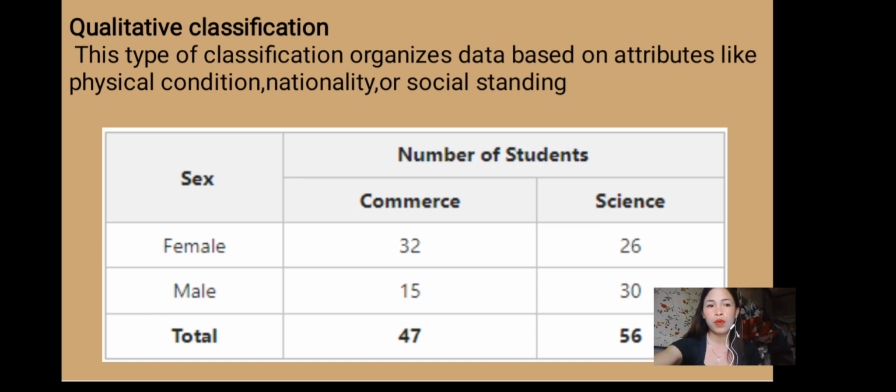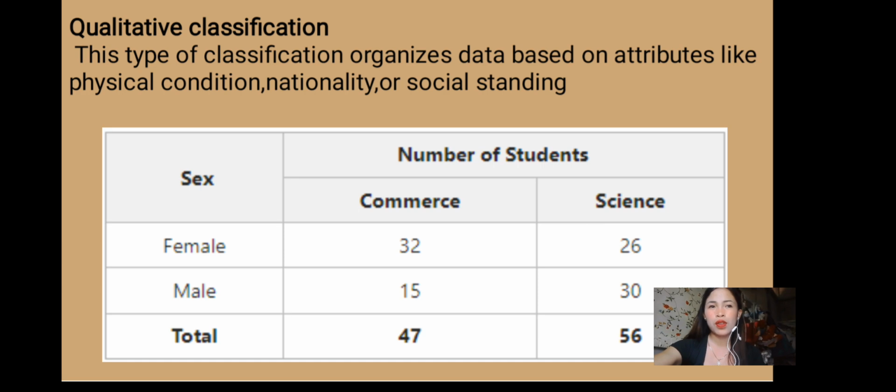In a classroom, the female students who like the subject commerce is 32 and the male is 15, a total of 47. And the number of students who like the science subject, the females who like science is 26 and the males who like science is 30, a total of 56.